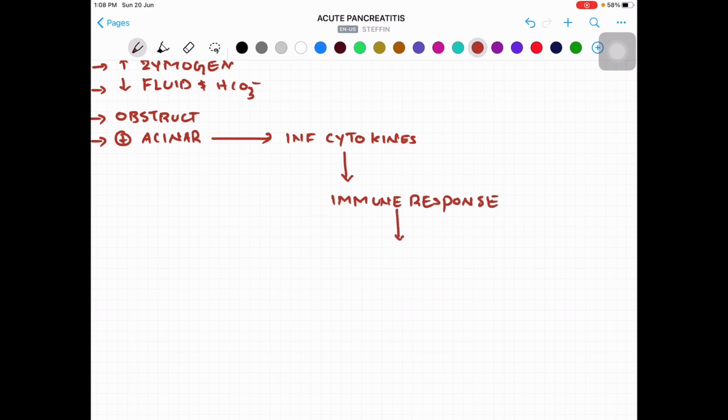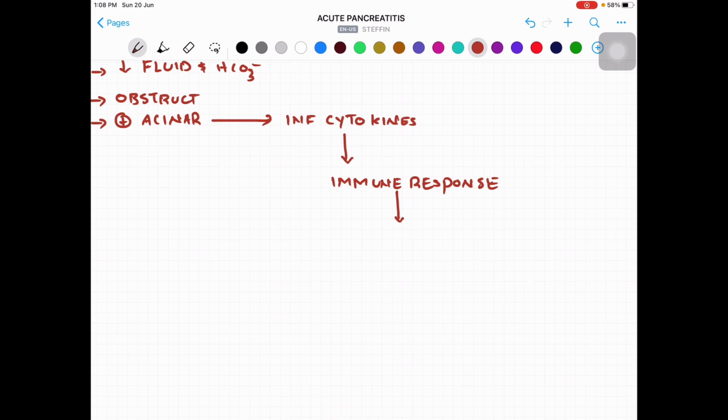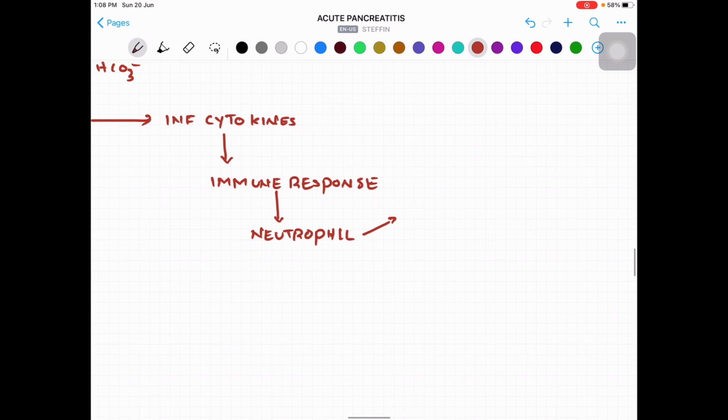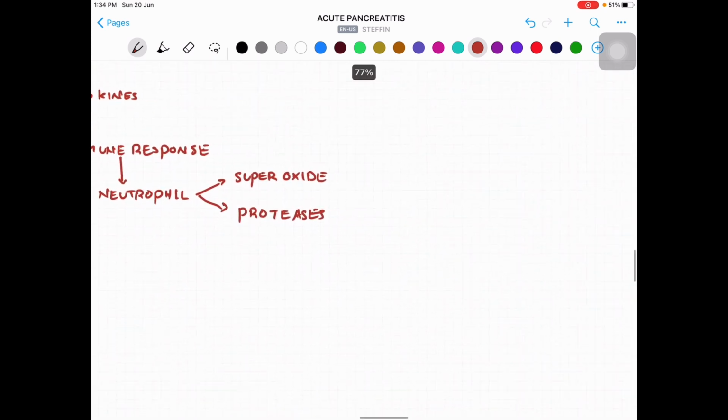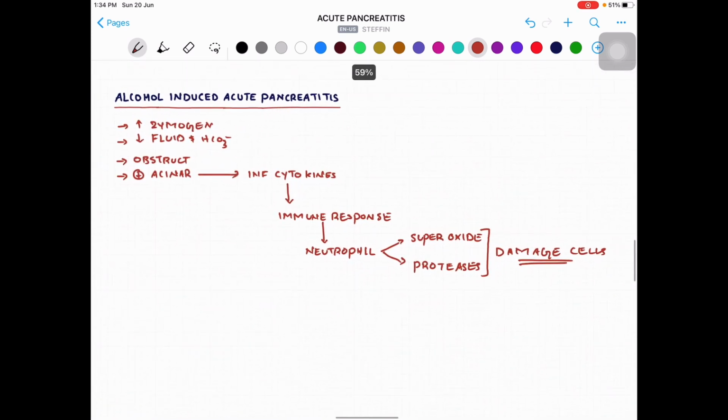This immune response causes the release of neutrophils. And these neutrophils will release superoxide and proteases. These superoxide and proteases will cause cellular damage to cells and cause acute pancreatitis. That's about alcohol induced acute pancreatitis.